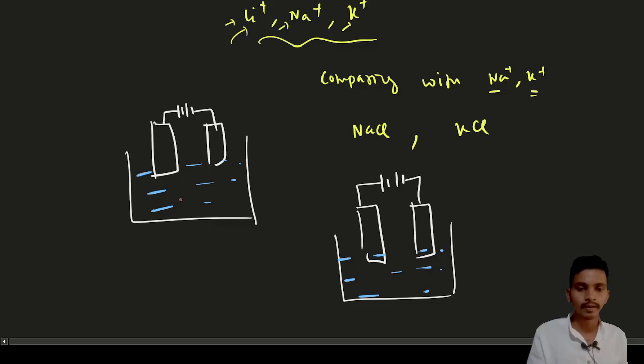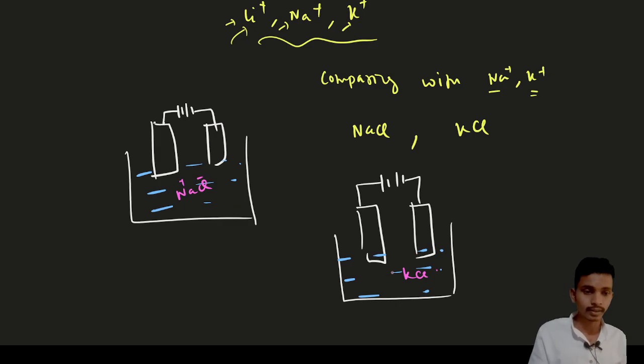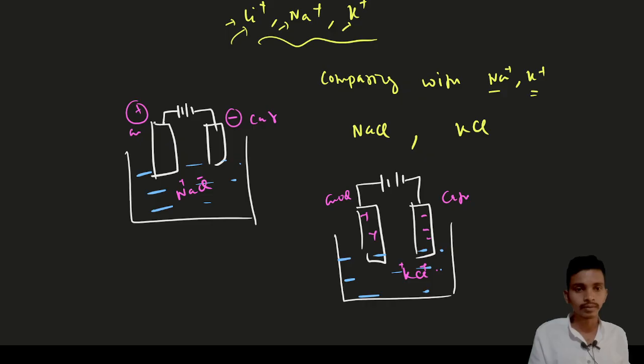Let's say here I have NaCl, and here I have KCl. So this is Na+ and Cl-, this is K+ and Cl-. This is anode, positive, and this is cathode, negative. So Na+ gets attracted to the cathode, and K+ gets attracted to the cathode too.